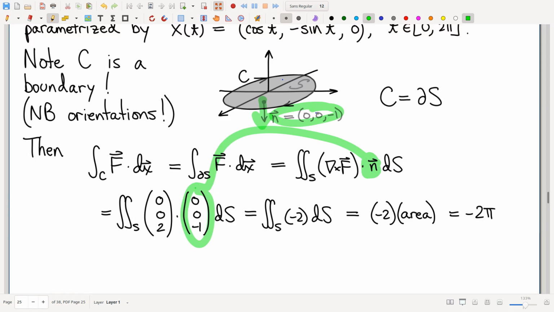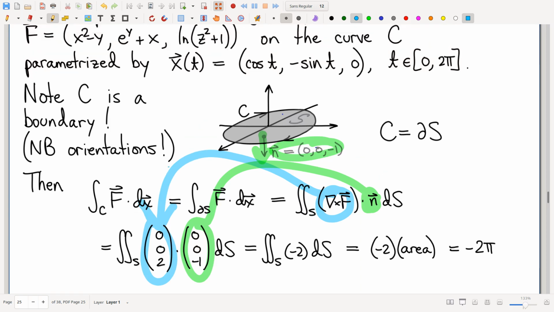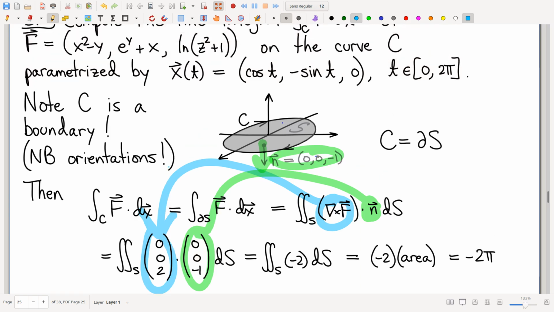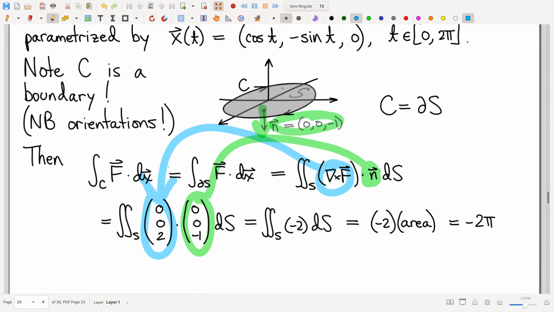The curl, as it turns out in this case, now make sure that you know how to do the algebra on this. Make sure you can compute the curl of a vector field. And weird though that vector field is, curl's easy, as it turns out. And so our integral turns out to have a very convenient integrand.